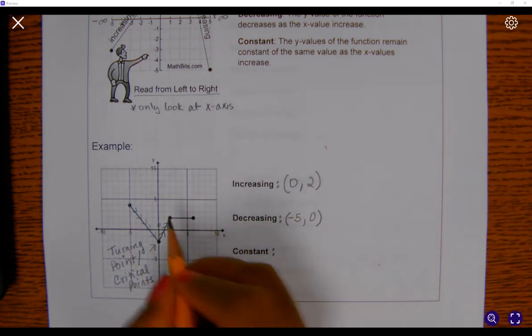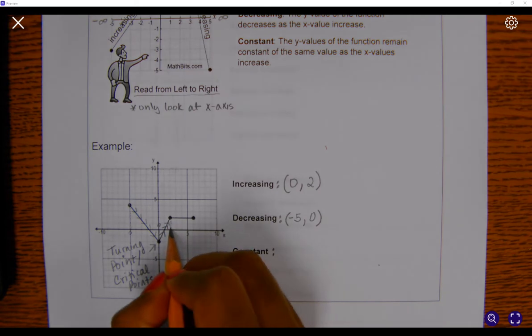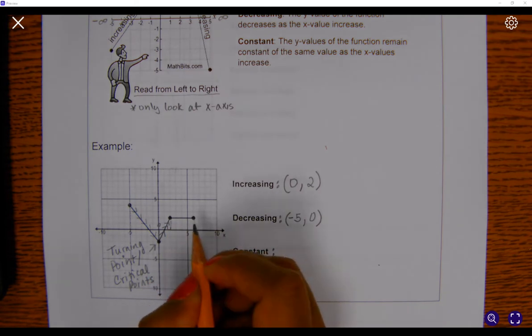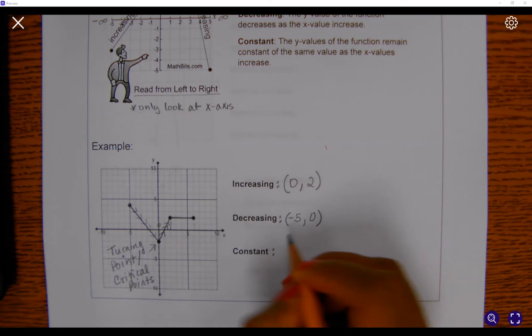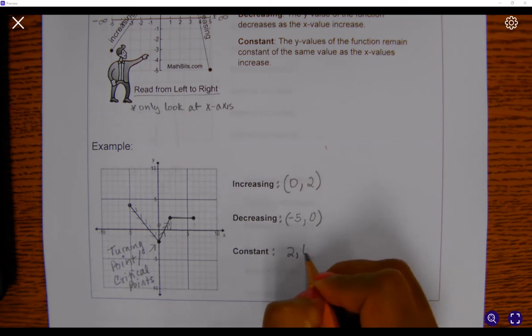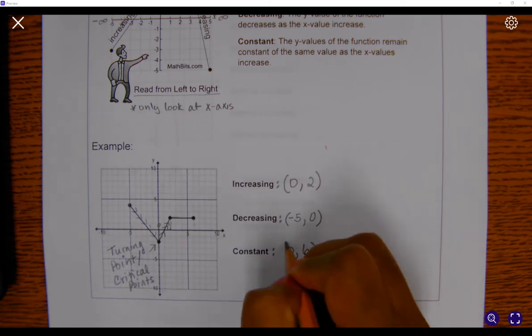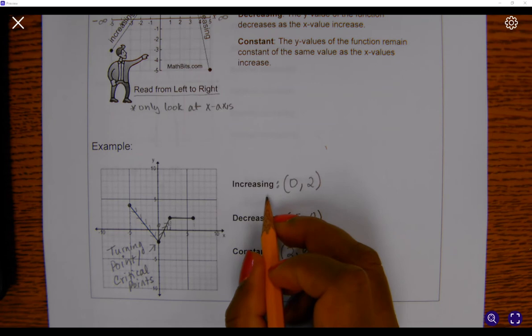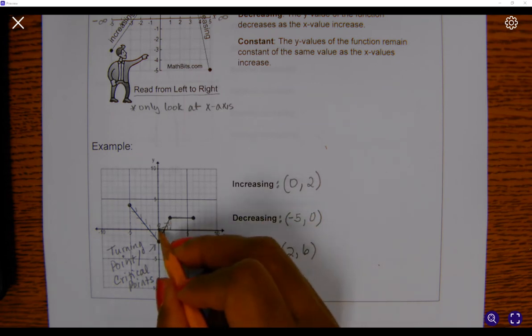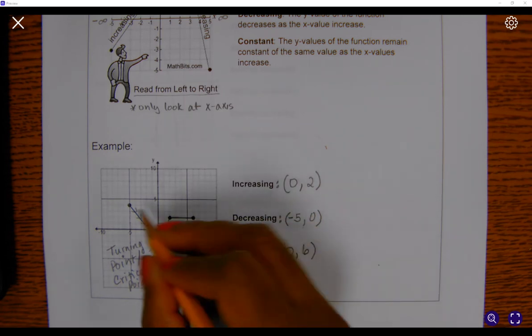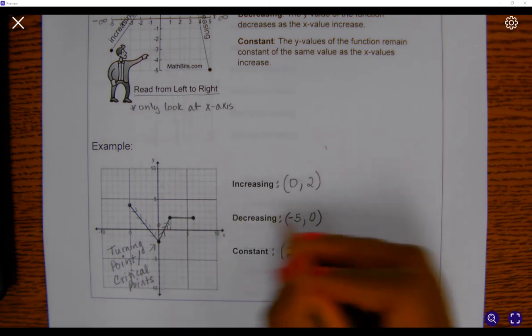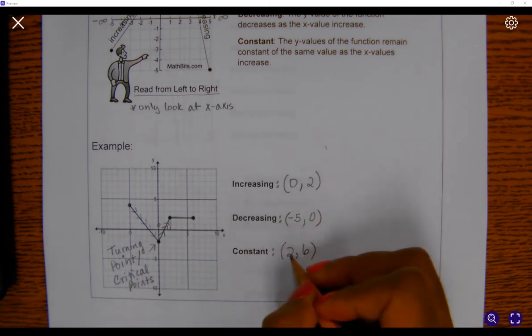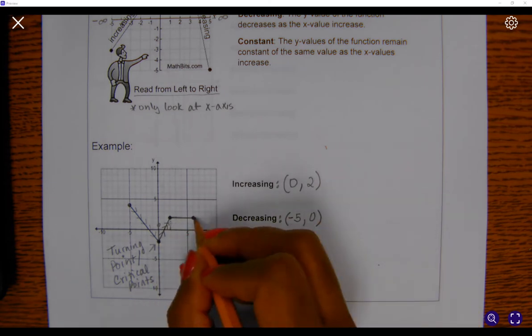And then from 2 until 6, it's constant. So from 2 until 6, we have a constant interval. So it's increasing from 0 to 2 on the x-axis. It's decreasing from -5 until 0 on the x-axis. And then it's constant from 2 until 6.